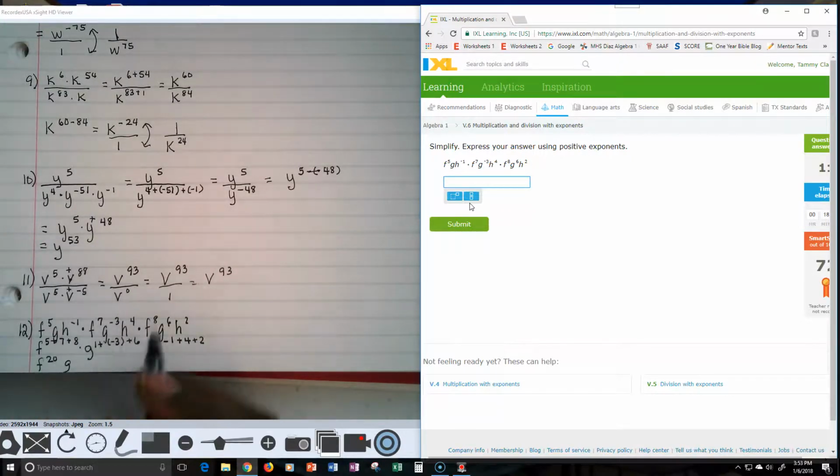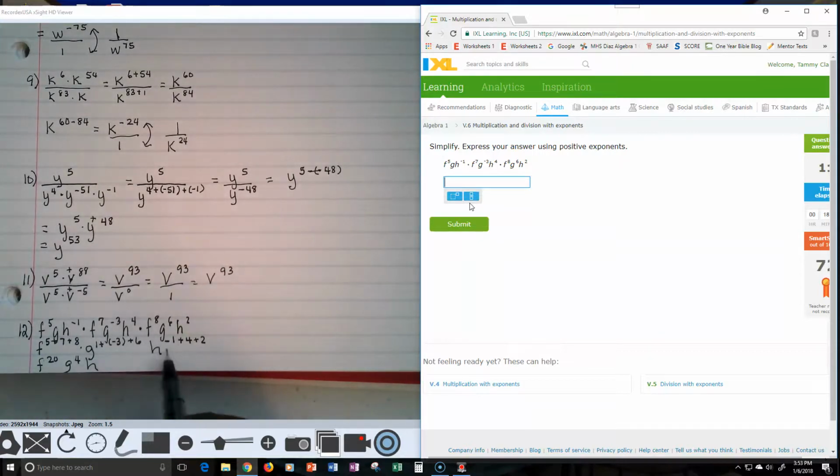And then g is 1 minus 3 is negative 2. Negative 2 plus 6 is positive 4, so that would be g to the fourth power. And then h is negative 1 plus 4, which is positive 3. Positive 3 plus 2 is 5.